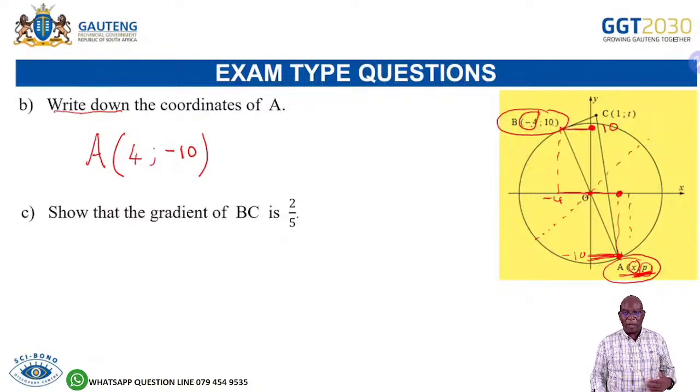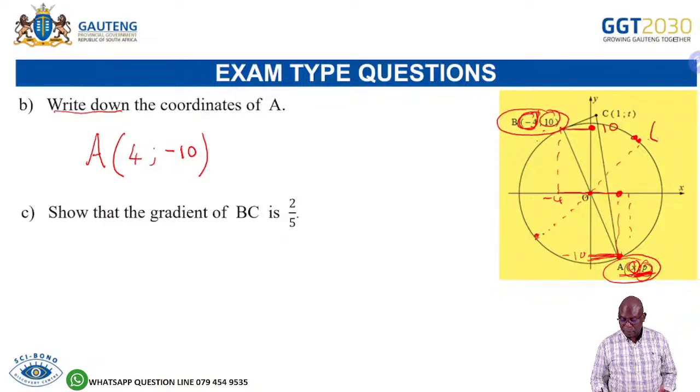You just need to write down those points, the reflection of the other one. So you just swap the signs. This one was a negative, this one will be a positive. This one was a positive, this one will be a negative. Even if I had a point somewhere there, I'll do the same. And this is also an exam type question.